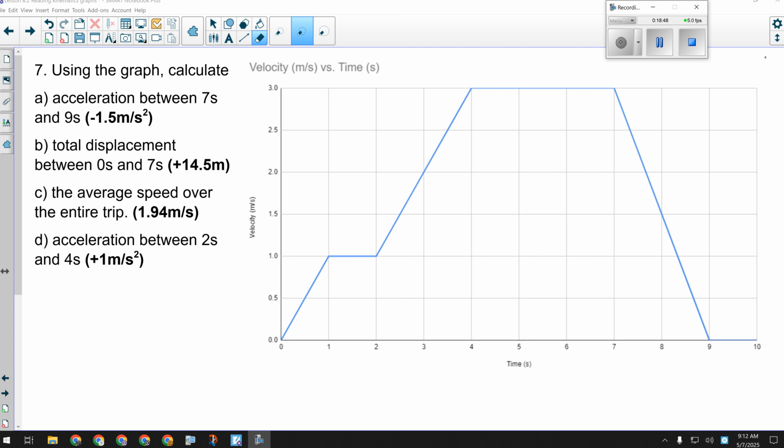To slow down, you actually accelerate backwards. That's something that in North America we have trouble with because we usually use automobiles to get around, and we press the brakes. Pressing the brakes exerts a force backwards. That's why we slow down. But it never makes your car go backwards.